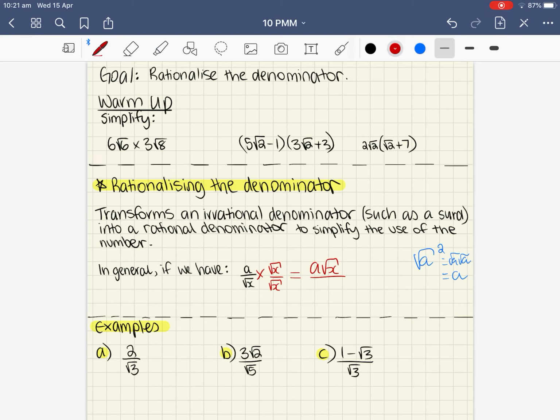So that means that if we have root x times root x on the bottom, we're just going to get x. So we can see that if we just have some general irrational denominator like this, by multiplying by whatever the denominator is over itself, using our multiplying by fractions rules, we end up with a rationalized denominator. So this x is now just a number. So it's a rational denominator.